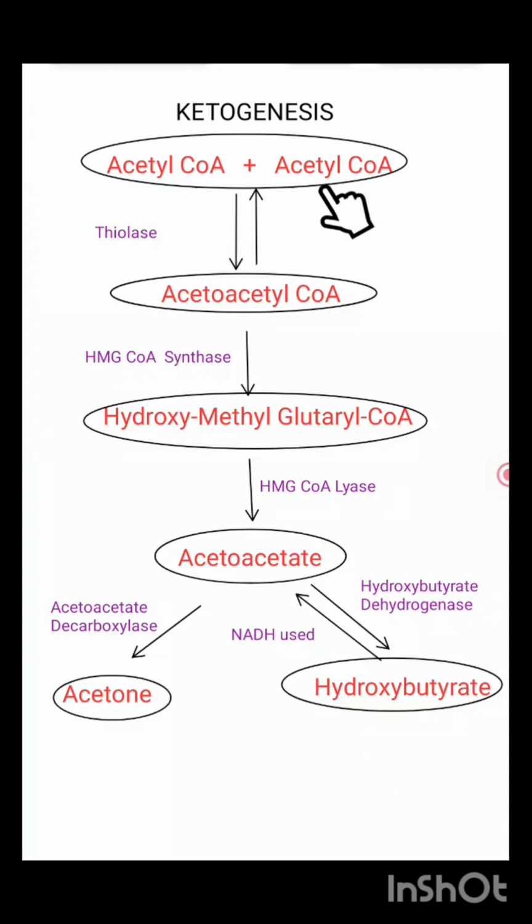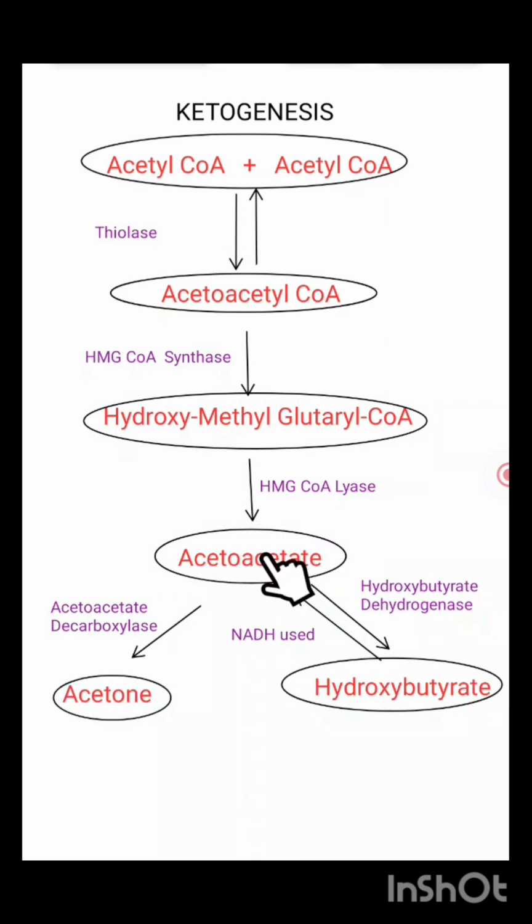So you have two acetyl-CoA molecules to produce this, then you bring another acetyl-CoA molecule, add it to this, you're going to produce HMG-CoA. And then in the next step, HMG-CoA lyase, which simply means you split or remove one acetyl-CoA molecule here to produce acetoacetate, which is a ketone body.